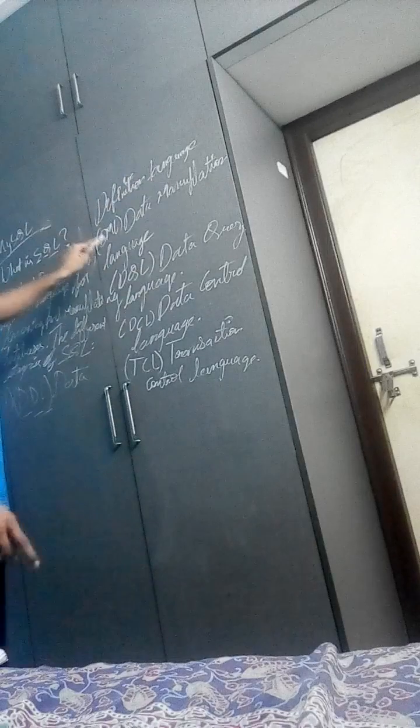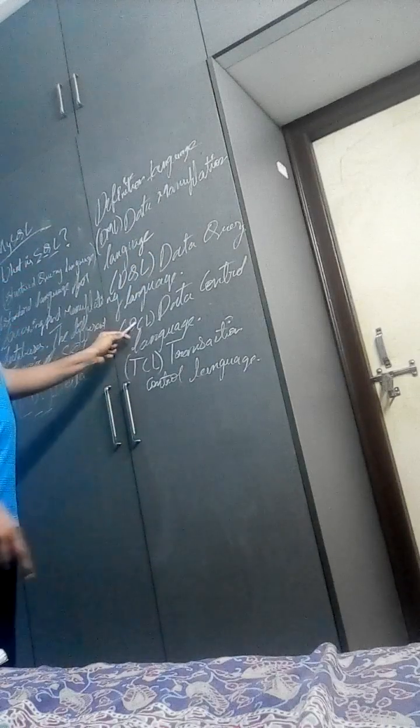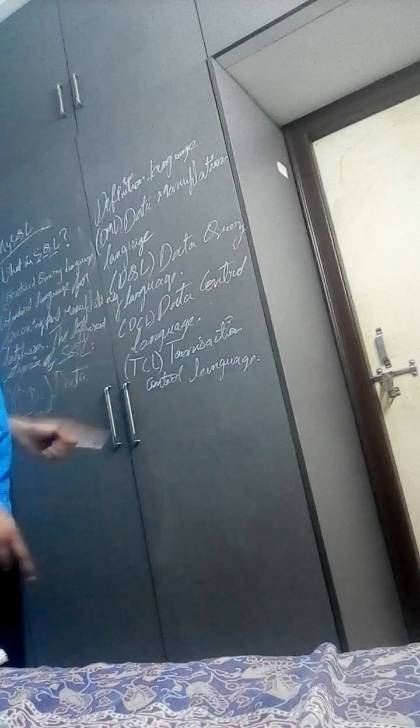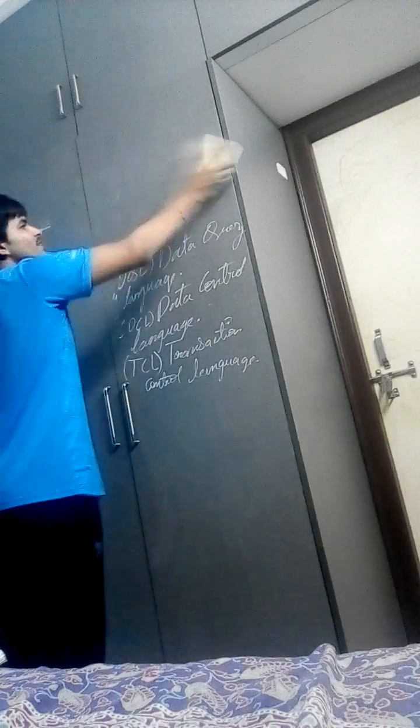The different categories of SQL: DDL means data definition language, DML means data manipulation language, DQL means data query language, DCL means data control language, and TCL means transaction control language. So this question is over. Next. If you have any doubts, you can comment in the comment box.